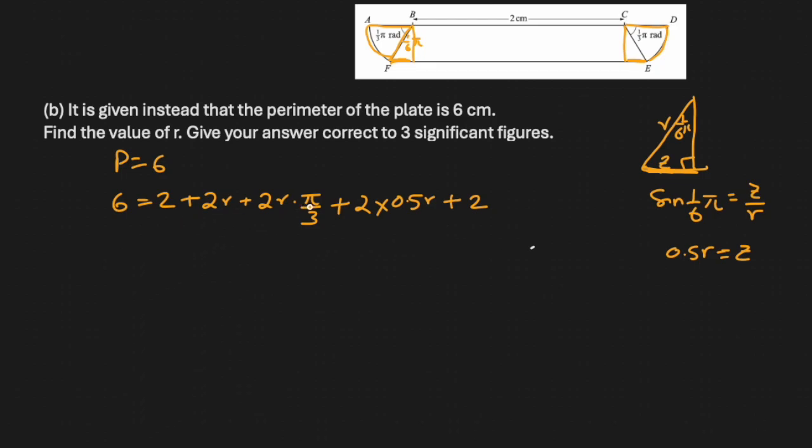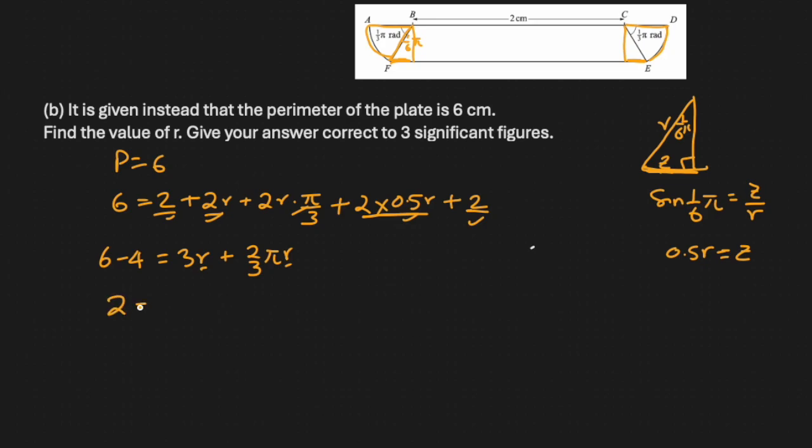Our equation is in terms of only r, so we'll get it now. So 2 plus 2 is 4. It will go to the other side. Okay, done. 2r, and this is just 1r. Can you see? This one, 2 times 0.5 will be 1, so 3r plus 2 over 3 pi r.